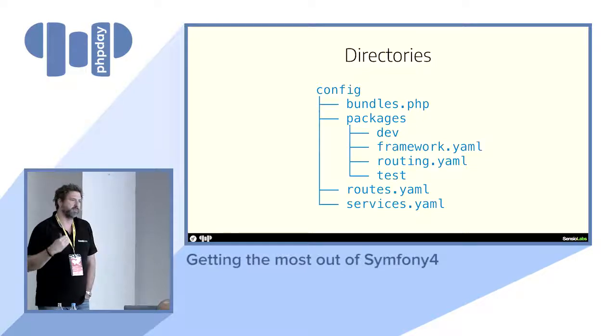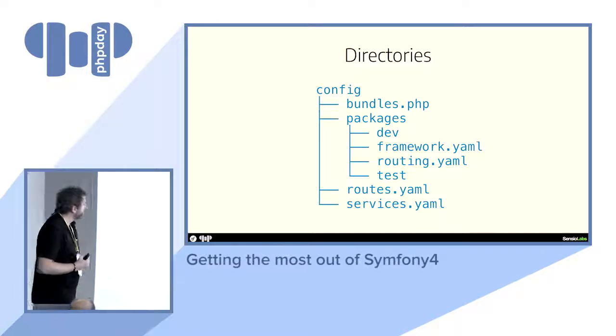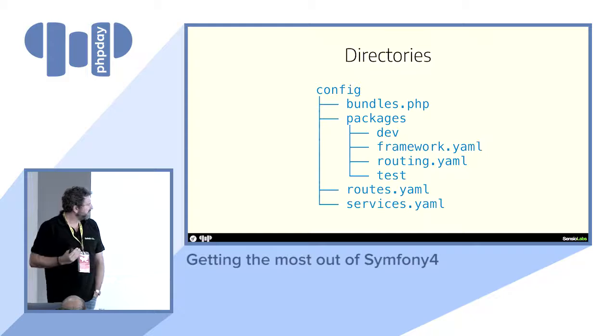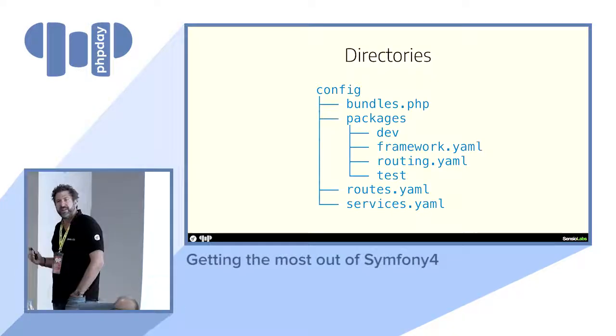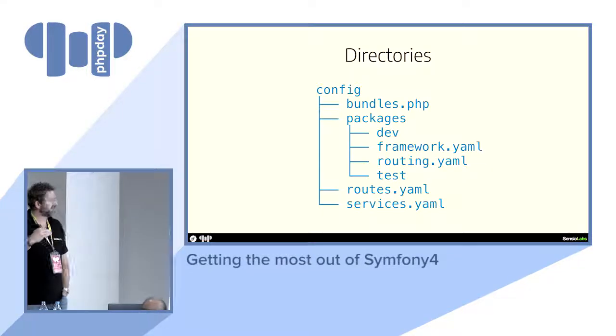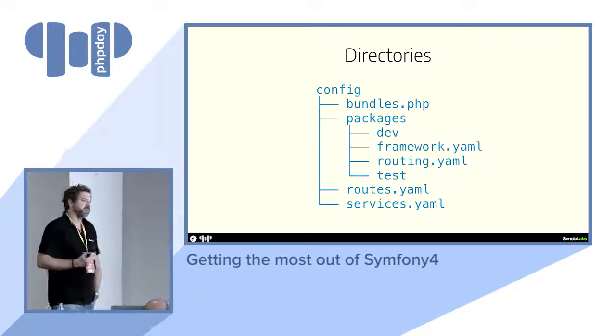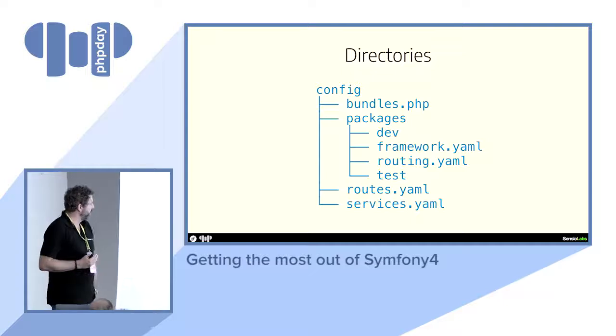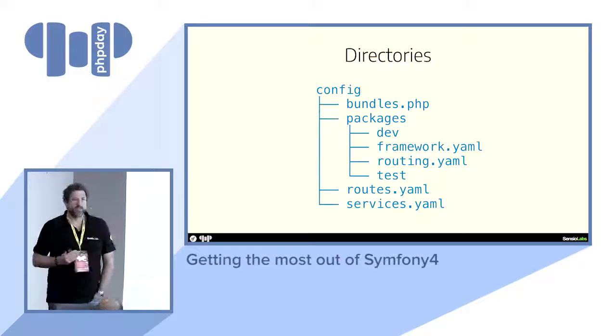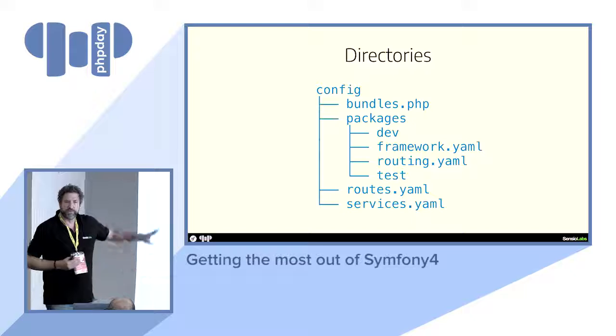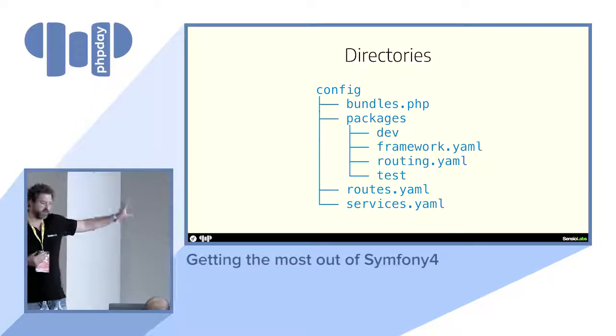So every bundle, every component has their own YAML file that is now loaded. Internally, those YAML files will still work exactly the same. There is no difference in syntax or so. So again, this is something you can use to get used to very quickly. There is a reason for that. We get to that later when we are going to talk about Flex.